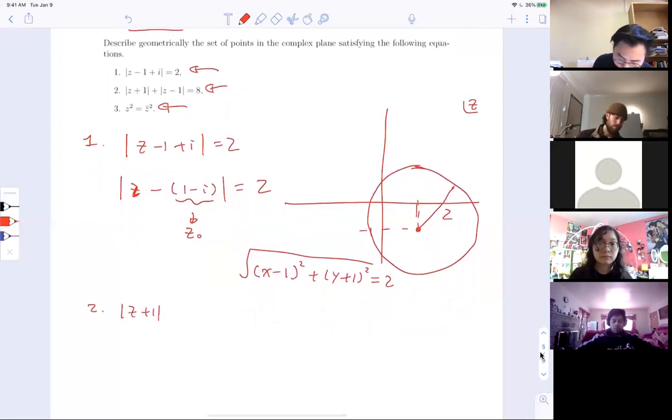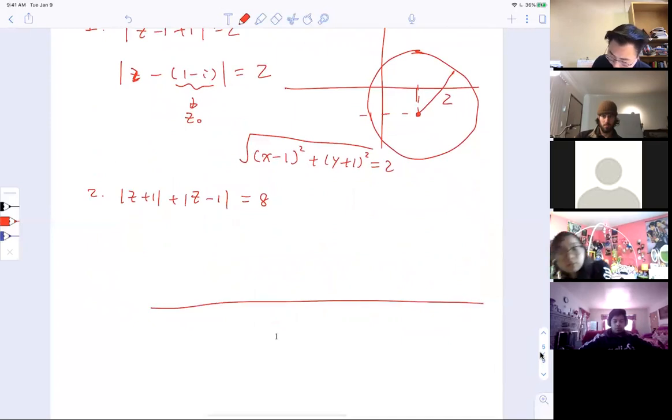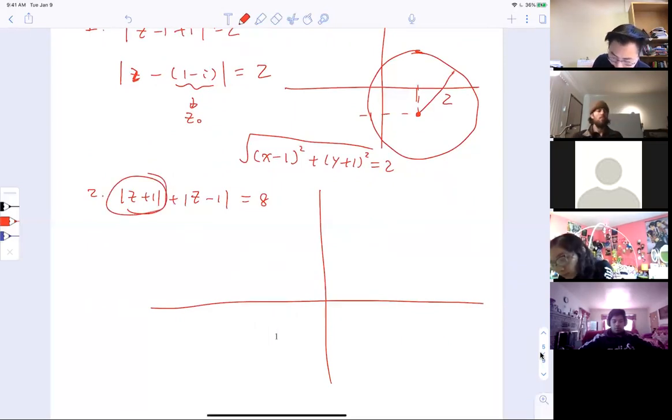There's a similar problem in the homework. The geometric meaning is also straightforward. Basically, this corresponds to a distance. Let's assume this point is z.